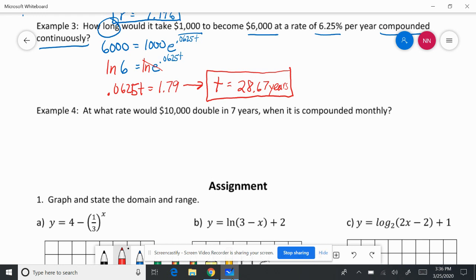For example 4, it says, at what rate would, so once again, when we're looking at this, the rate we're solving for, we have our initial value, it doubles, 7 years is our time, it compounds monthly. So we're going to use our first formula. If it doubles, then that means 10,000 becomes 20,000.